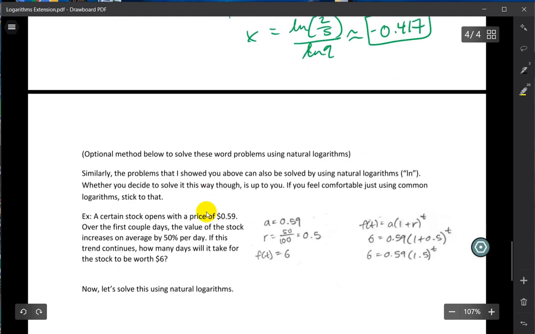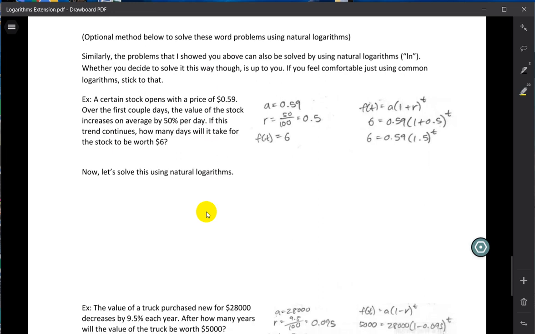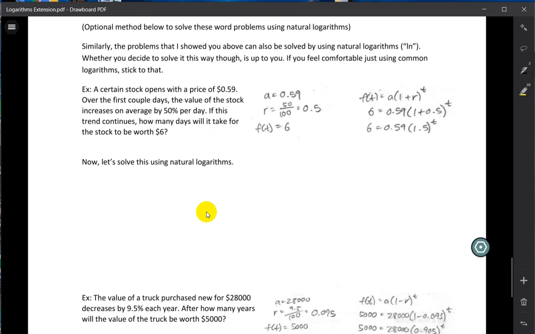Now I'm going to show you an optional method to solve these word problems. Again, it's up to you if you want to solve it using natural logarithms. If you prefer just the base or common logarithm method, that's fine, just stick with that.